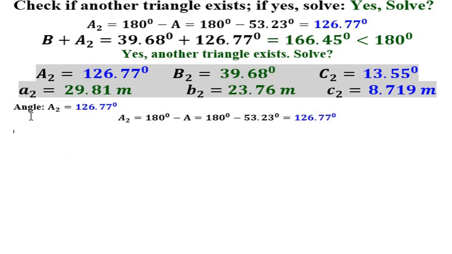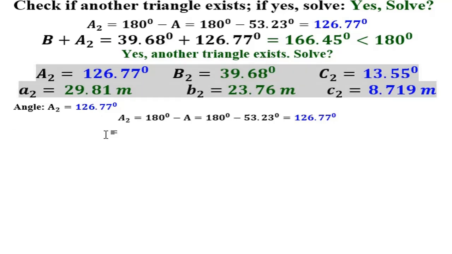Angle A2 is already found during the checking process. When we were checking, A2 is 180 degree minus A, which is 180 degree minus 53.23, which is 126.77.